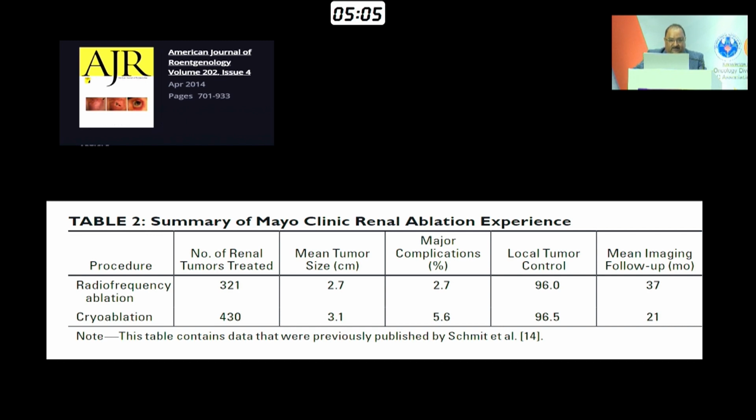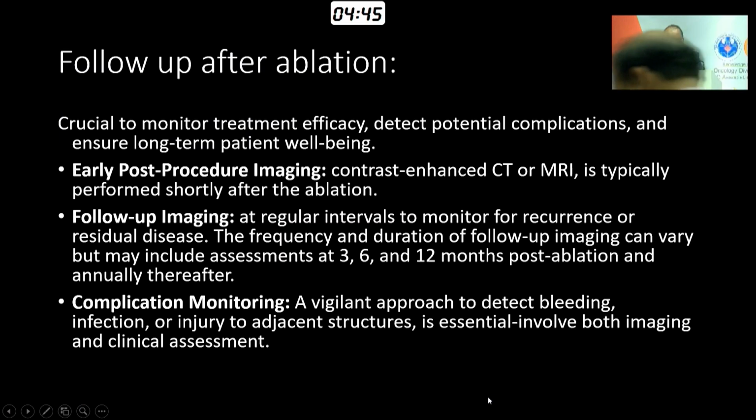Now this is a comparison of RFA and cryoablation, and you see the number of tumors treated. Complication with cryoablation was slightly more than with RFA, but local tumor control is comparable here. Now, how do we follow up after ablation?